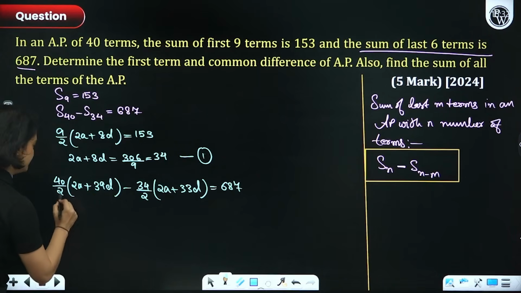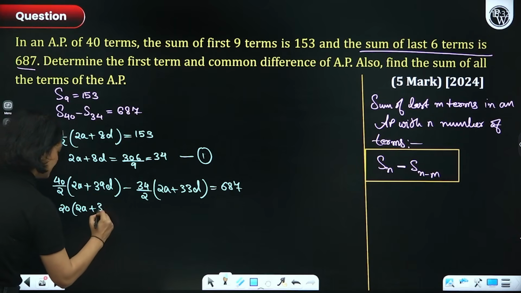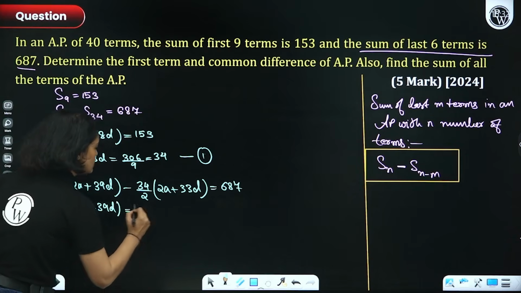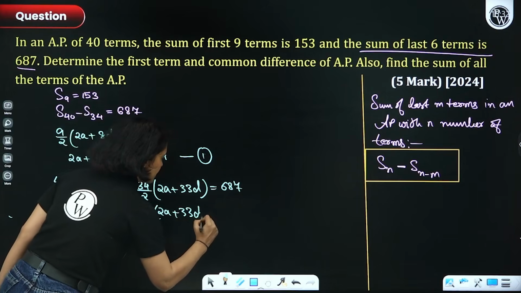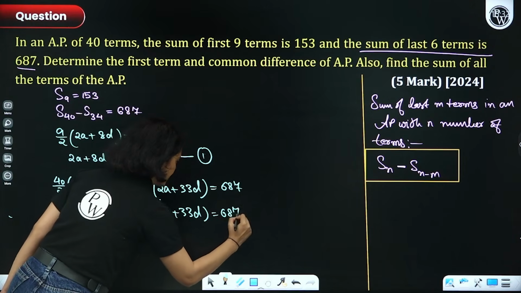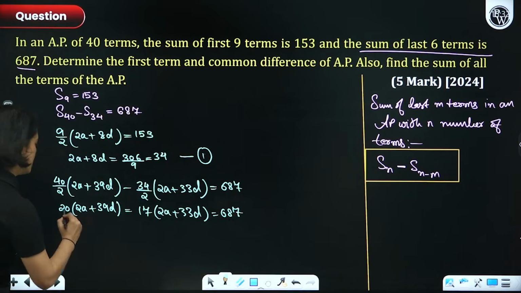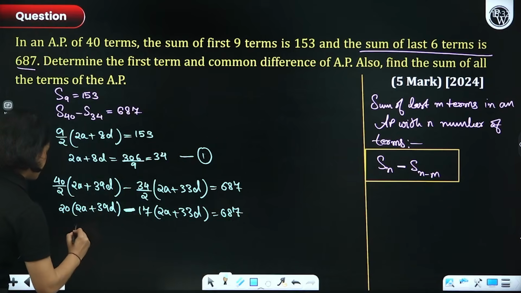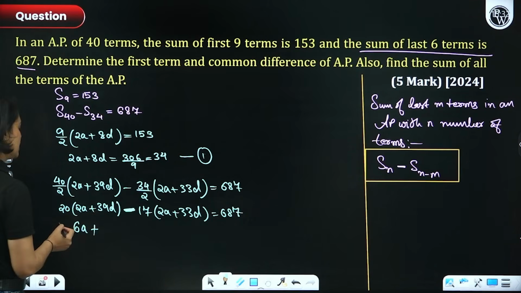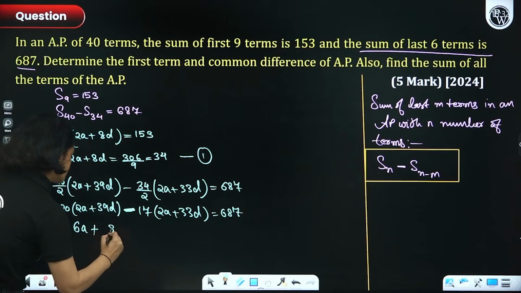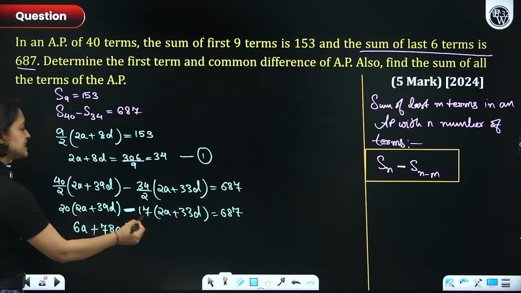So here I'll have 20 into 2A plus 39D minus 17 into 2A plus 33D is equal to 687, right? 20 into 2 is 40, 17 into 2 is 34. So if I subtract, I'll get 6A plus 20 into 39, that would be 780D.